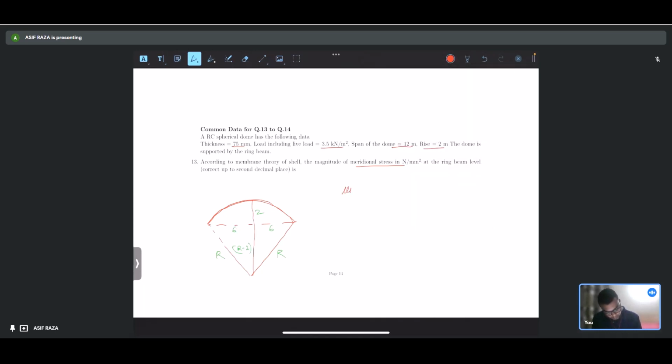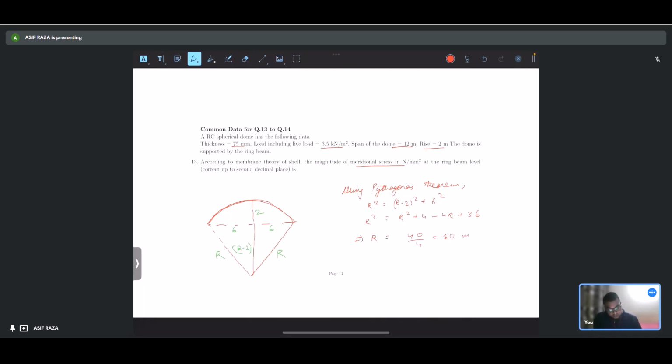Using Pythagoras theorem, R square is equal to (R minus 2) whole square plus 6 square. This would be equal to R square plus 4 minus 4R plus 36. This gives me R is equal to 40 upon 4, equal to 10 meter.